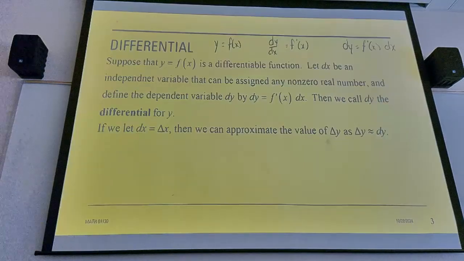Any kind of error analysis I'm going to leave for numerical analysis, which is a junior level math course. So we won't delve into any of the error analysis here. Just understand that there is an associated error with all of this.